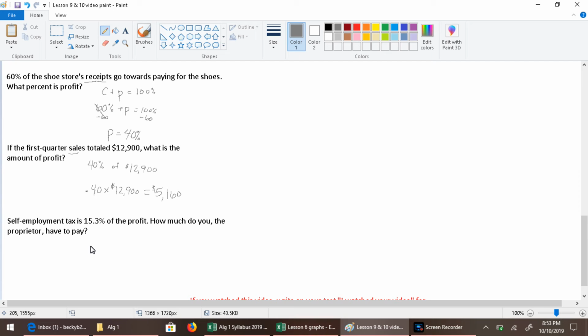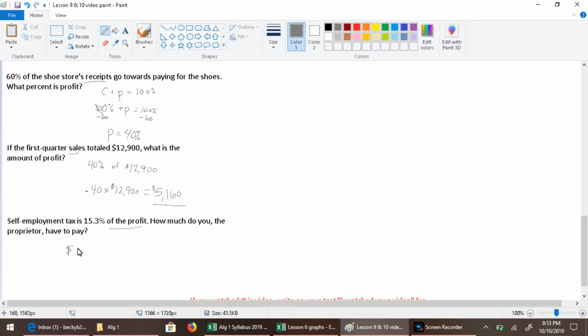Now the last question with this one is self-employment tax is 15.3% of the profit. How much do you, the proprietor, have to pay in self-employment tax? So you're the one who owns the business, it's your employment, you are self-employed, and you have a tax of 15.3% of the profit. So we just determined that this is the amount of the first quarter profit.